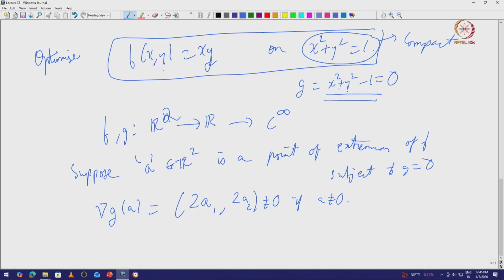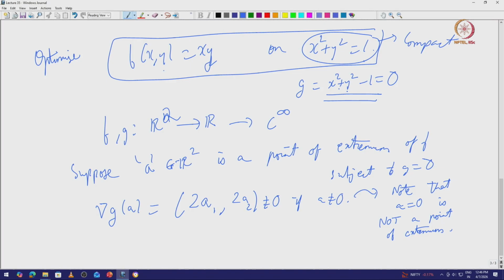Now A equals 0 is certainly not a point of extremum. Note that A equals 0 is not a point of extremum. Why is it not a point of extremum? That requires justification. By the way, it's not obvious, but it's not too difficult.